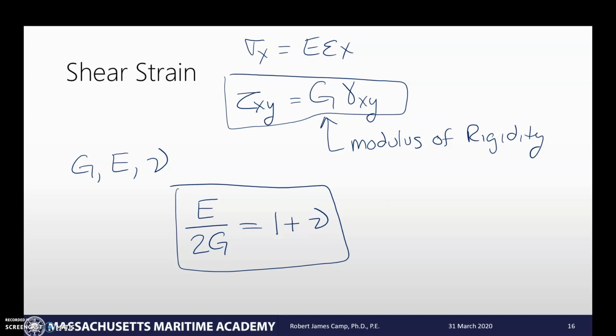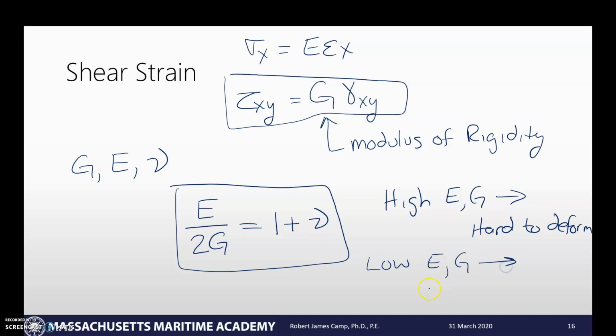But if you know 2 of these, in this case modulus of elasticity and Poisson's ratio, you can find the 3rd one fairly easily. And just one thing: if you've got a high modulus of elasticity or modulus of rigidity, that material is hard to deform, because it just does not want to deform. If you have a low modulus of elasticity or modulus of rigidity, it's easy to deform.